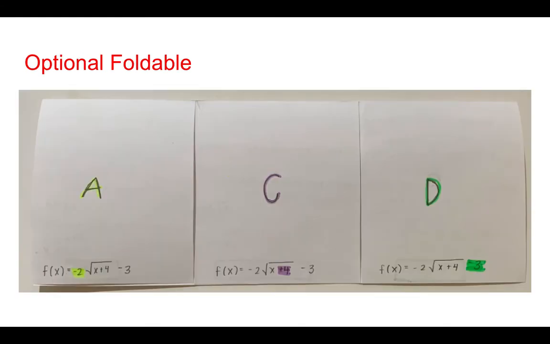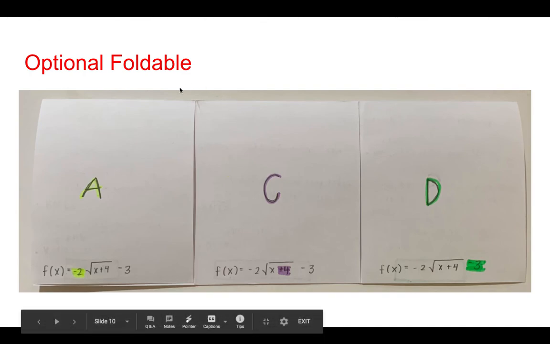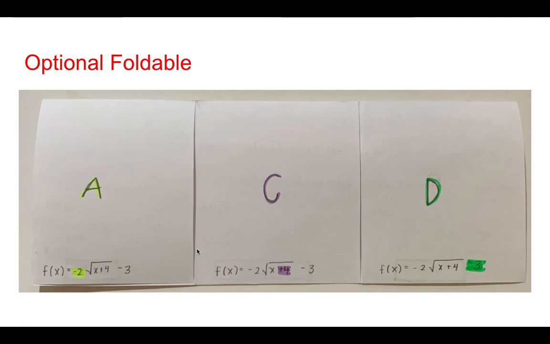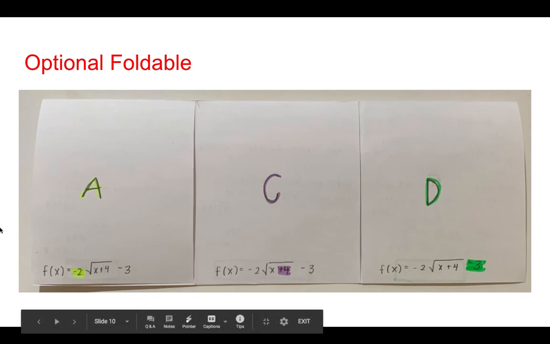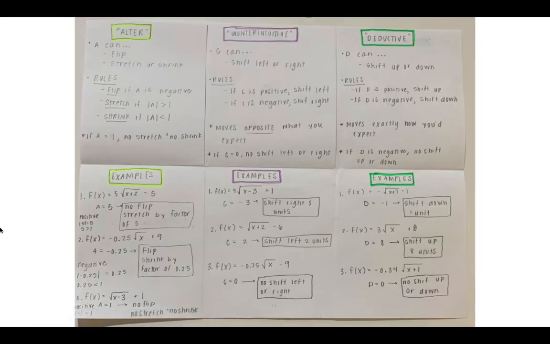I did make a foldable, so this is completely optional. You don't have to do this, but if we were in class, we would do this. I just wanted to give you the option here. So I made a foldable for A, C, and D, similar to some of our other ones that we've created. So if you want to make this, you can. Here's what the outside looks like. So I just did in half, hot dog style, and then I did in thirds, and I just cut the little flaps here. And then this is what I have on the inside.